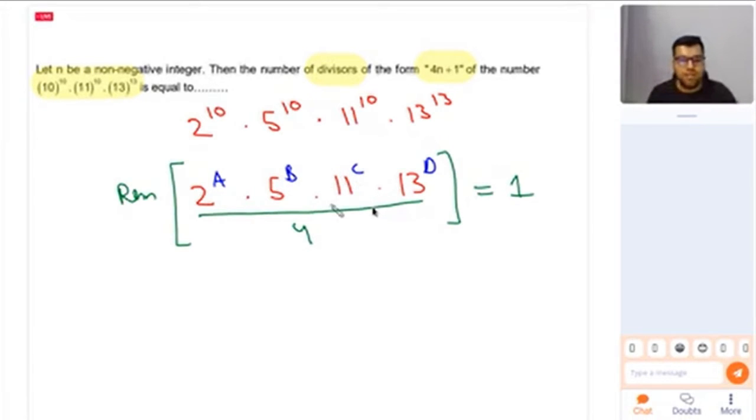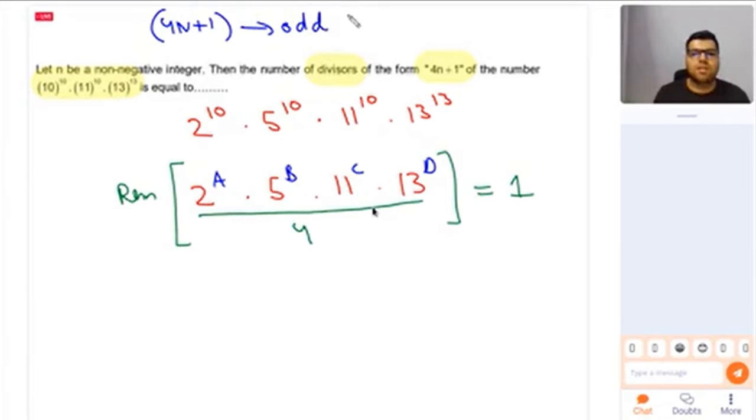Now see, students, if the divisor is of the form 4n plus 1, then certainly I know this divisor is an odd value. 4n plus 1 is an odd number. So if this is odd, then I can definitely say that A will be equal to 0, because there cannot be any power of 2 in this divisor.